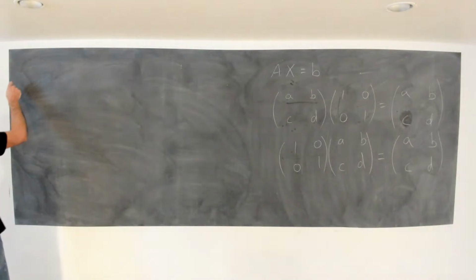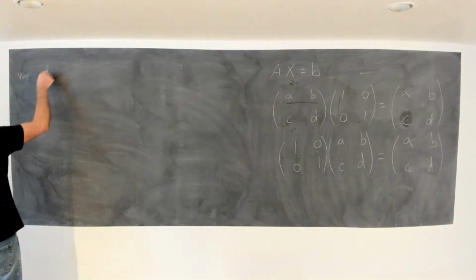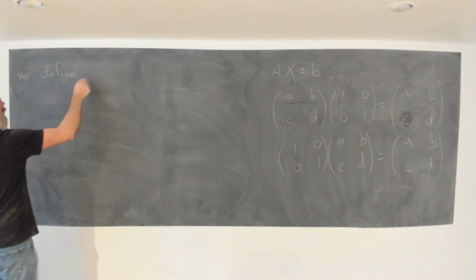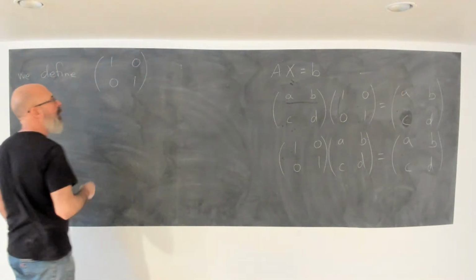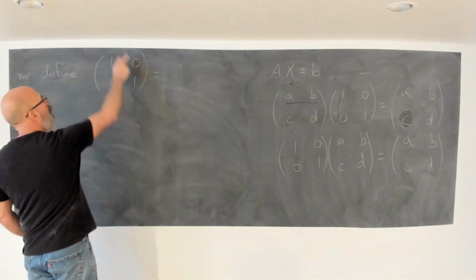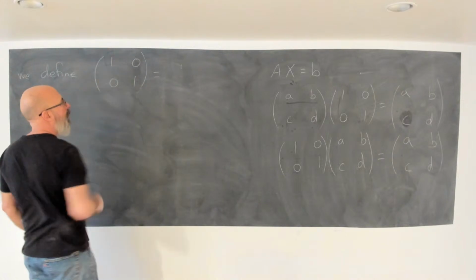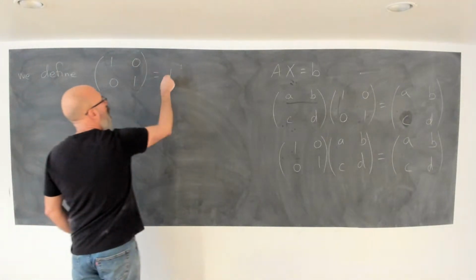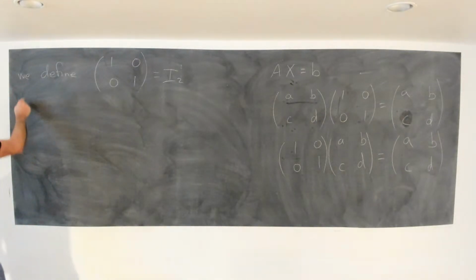So let's give it a name. We define this 2 by 2 matrix, which has zeros everywhere except on this main diagonal, to be the identity matrix.